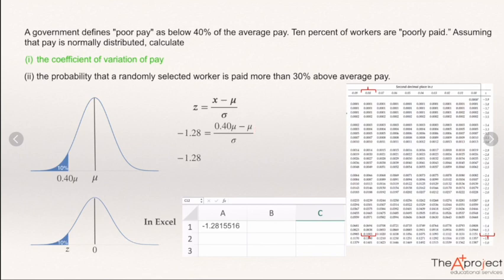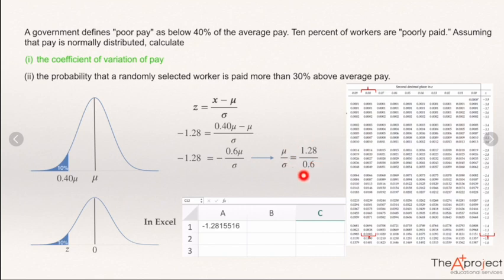So we have negative 1.28 equals negative 0.6 mu divided by sigma. So we have a relation between mu and sigma. The only thing we need to do is divide the equation by 0.6. The minus sign, of course, cancels. So we have that mu divided by sigma is 1.28 divided by 0.6.